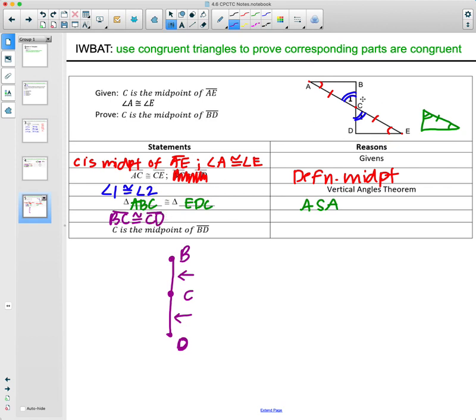Do we know that? Yes, because they are corresponding parts of those congruent triangles, so they have to be congruent. We see that those two chunks are congruent by CPCTC. That forces C to be the midpoint, because of the definition of a midpoint.